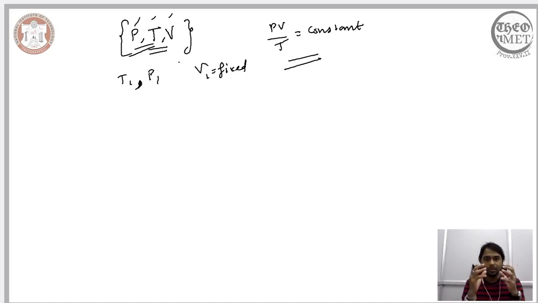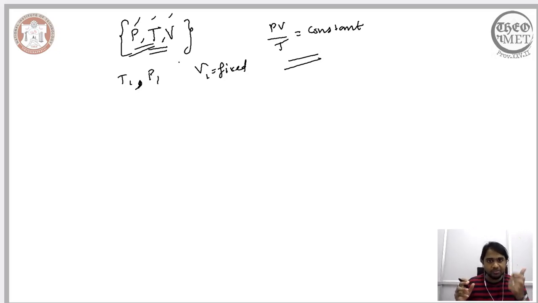This expression helps us understand that for a given combination of temperature and pressure, there is a specific volume associated with the system. We have considered a specific form of a system, a simple closed system, and for a specific temperature and pressure, you have your volume fixed.